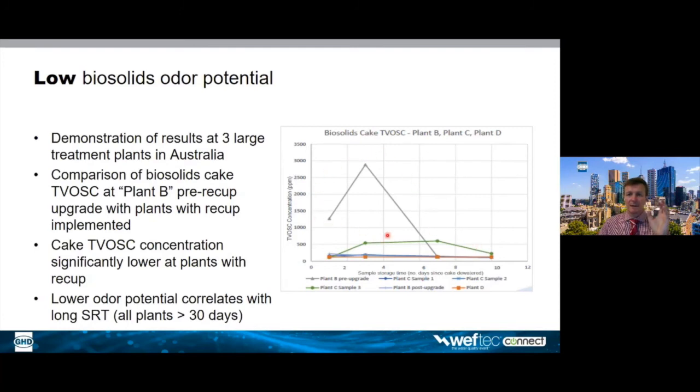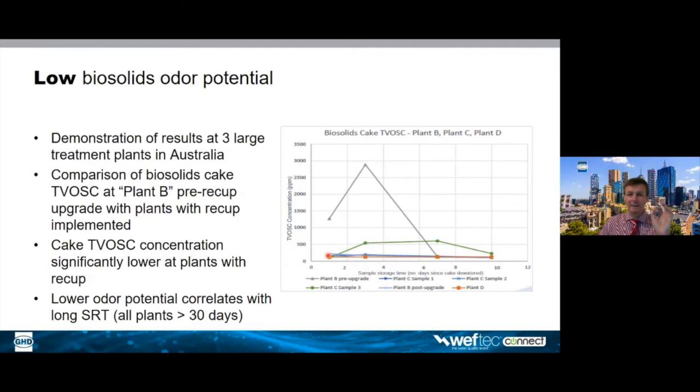There's one result here for the plant B pre-upgrade biosolids cake, and then there's several results for plant B, C and D. So C and D are two other treatment plants that we had experience with, and these samples are all from plants with recuperative thickening implemented.